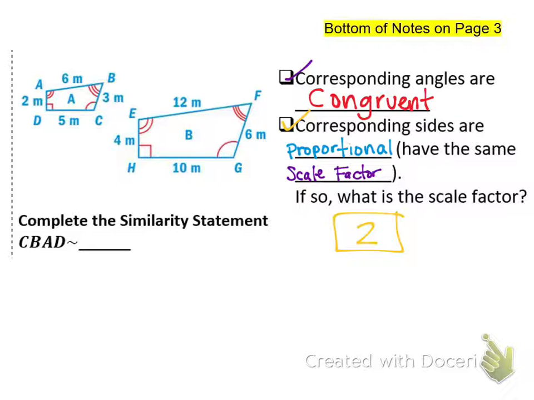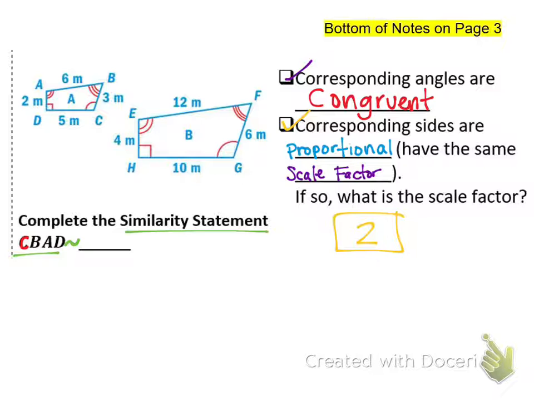And then another thing we learned about yesterday was how to write a similarity statement. So you name the first, you write this squiggle. What does this squiggle stand for? Similar. So CBAD is similar to, and then the order of the letters of the second.